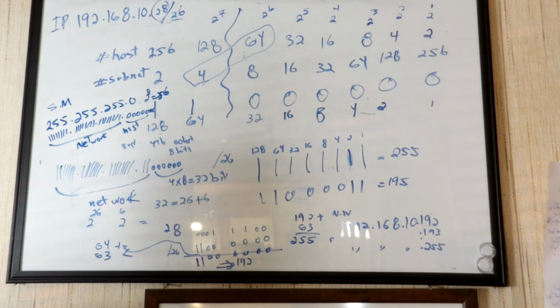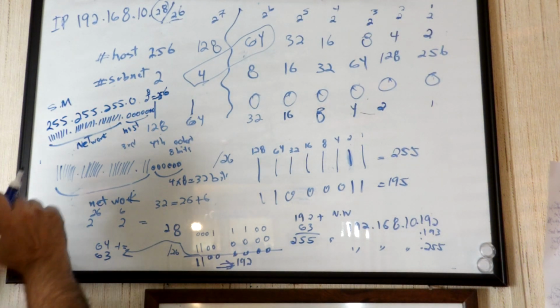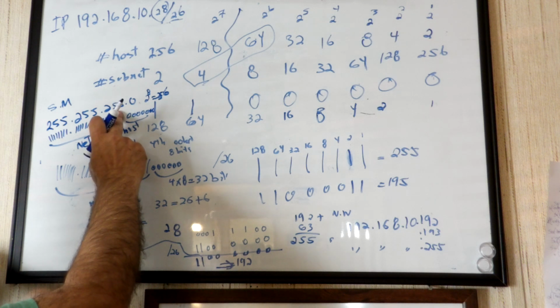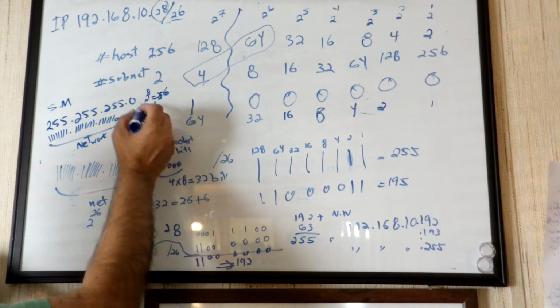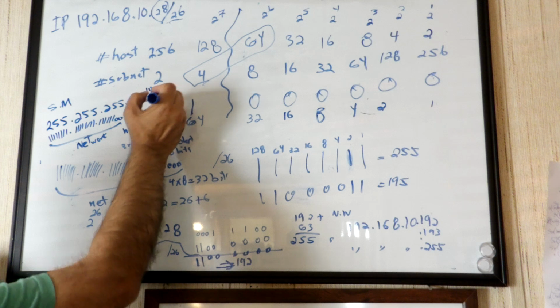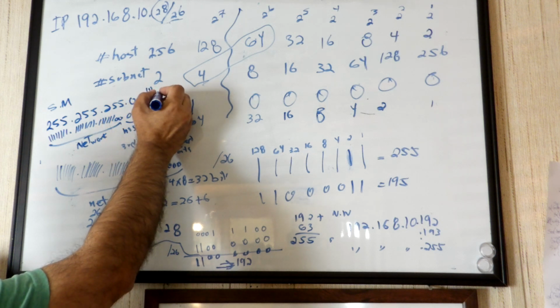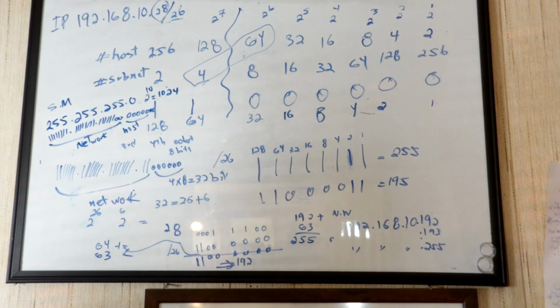But if you want more hosts, you can make these, like here, another 2, so there are 10 zeros, which is 2 to the power of 10. 2 to the power of 10 hosts, I think, is going to be 1024.